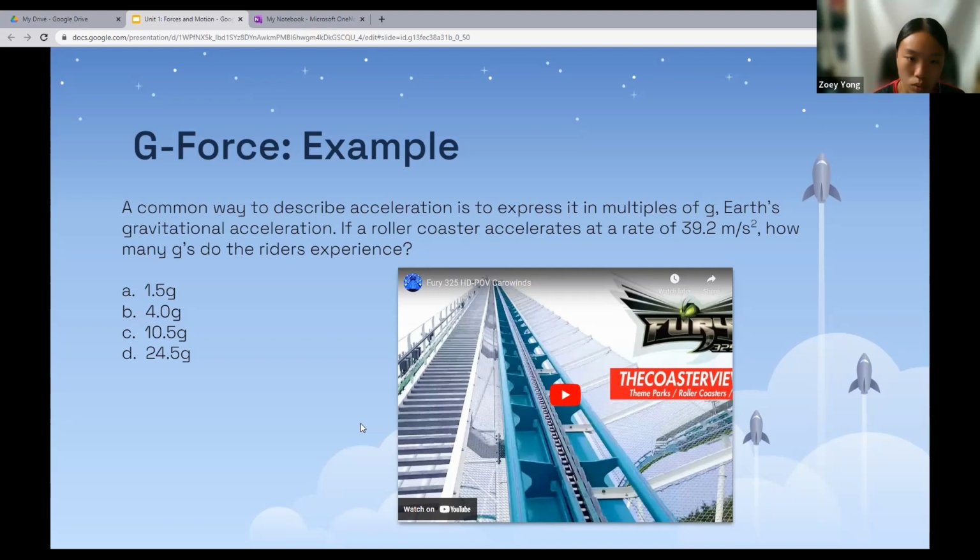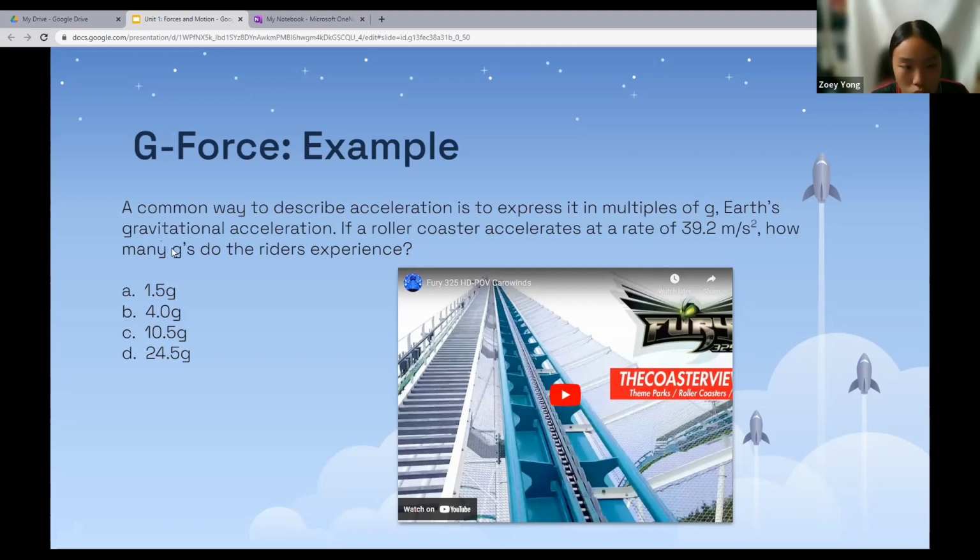There are certain roller coasters very dangerous to ride because it has so many g's, which can have harmful effects on your body. Besides roller coasters, we also express jets in g's. Sometimes we say, oh, this jet is going at this many g's. The pilot of the jet will experience this many g's when it's going this fast.